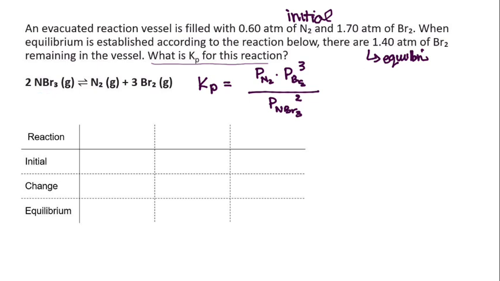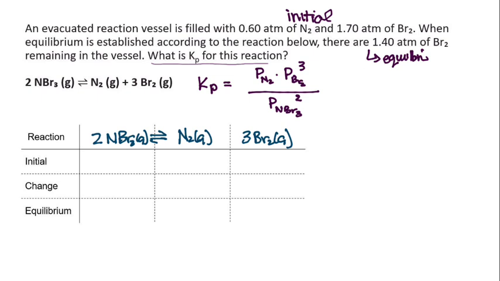In the first row, I will write out the reaction. I have 2 NBr3 as my reactant, and then the arrows for equilibrium, and that becomes 1 equivalent of N2 and 3 equivalents of Br2. I can then fill in the initial amounts before the reaction goes to equilibrium.